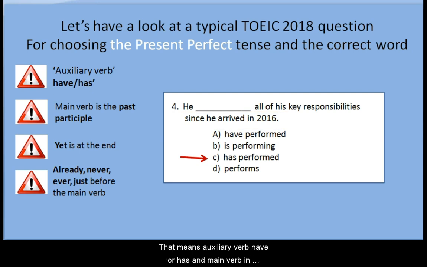That means auxiliary verb have or has, and the main verb in past participle. We have 2 choices, answer A or C, which meet these conditions. Our subject is he. That means we need has performed, answer C. He has performed all of his key responsibilities since arriving in 2016.